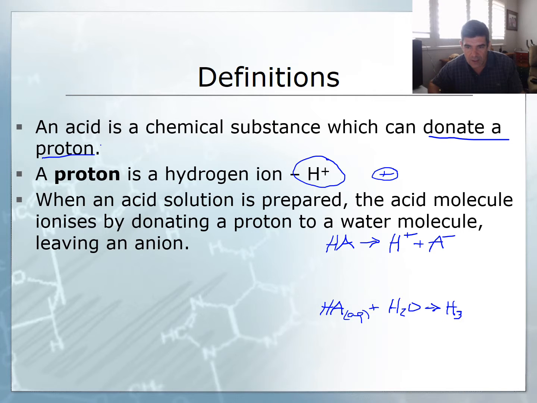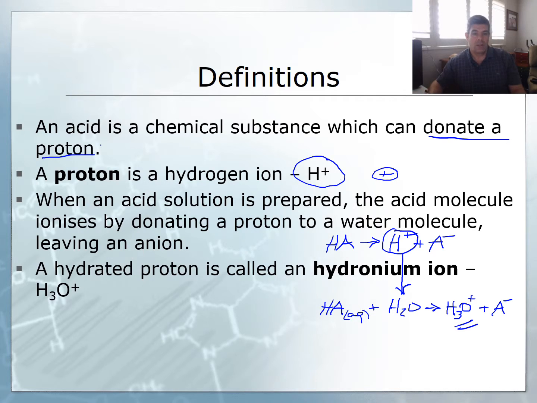So we will get H3O plus and A minus. And this is where the H plus, the proton, has actually added to the water molecule and given us the hydronium ion. So the hydrated proton is called a hydronium ion.